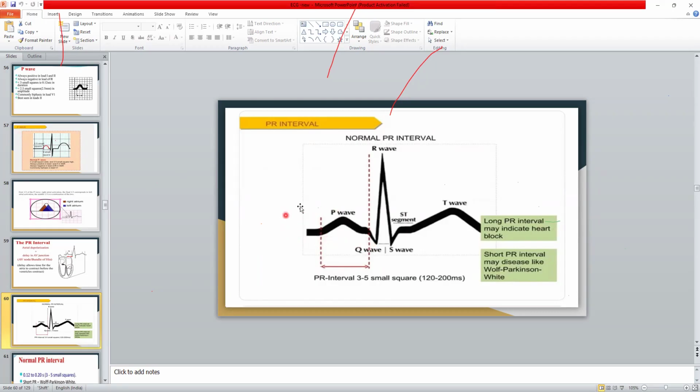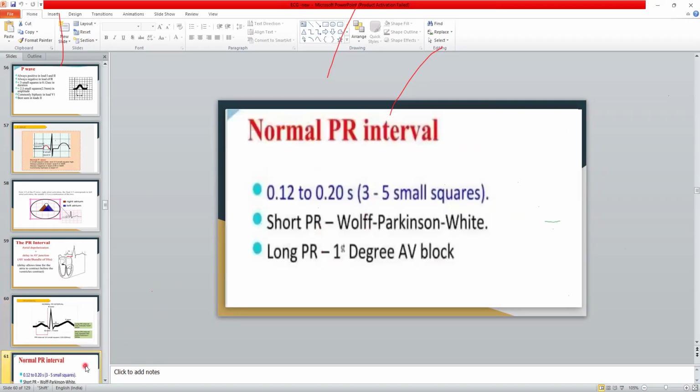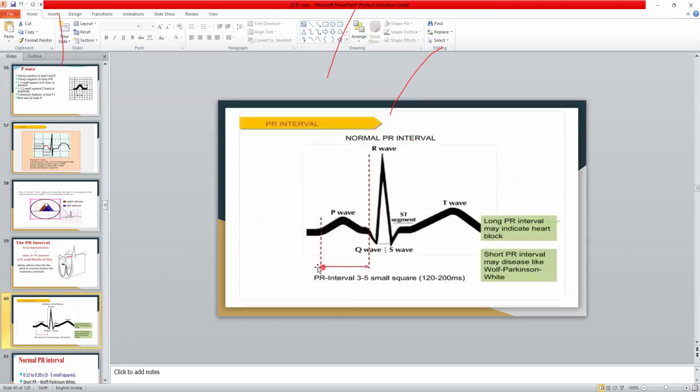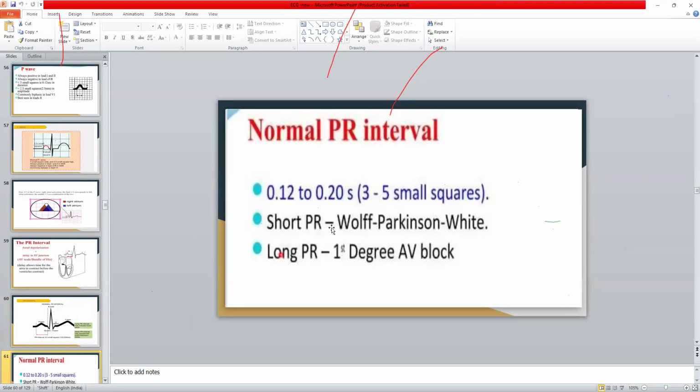It reflects the time for the impulse to travel through the right and the left atria and the AV node. What is the normal PR interval? The normal PR interval should be 3 to 5 small squares, that is 0.12 to 0.2 seconds.